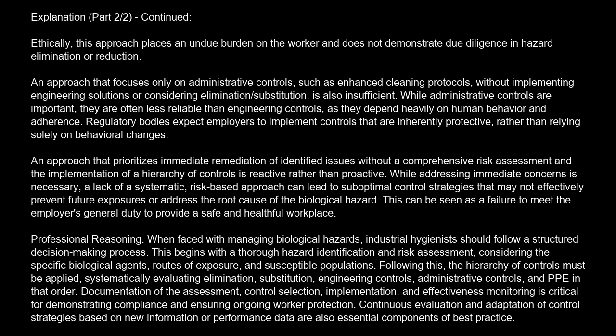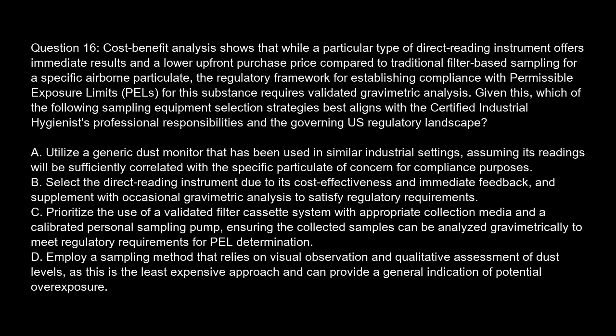Documentation of the assessment, control selection, implementation, and effectiveness monitoring is critical for demonstrating compliance and ensuring ongoing worker protection. Continuous evaluation and adaptation of control strategies based on new information or performance data are also essential components of best practice.